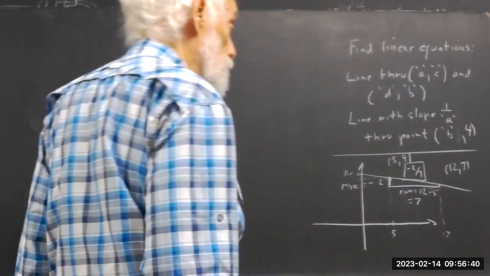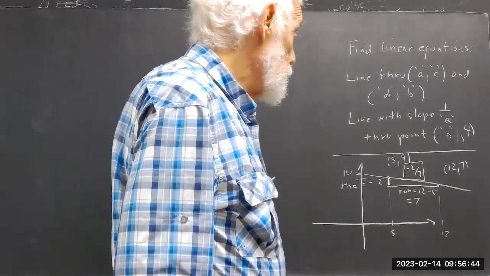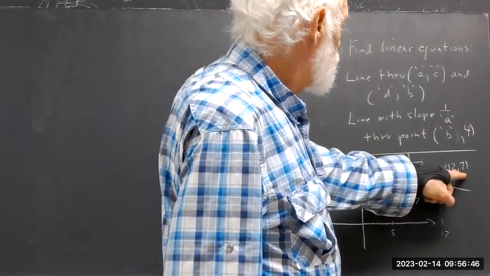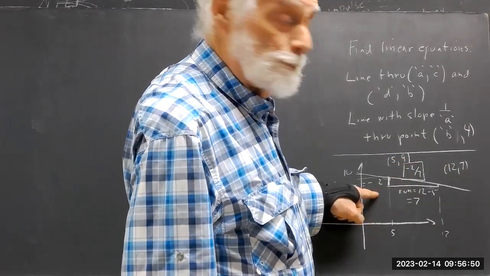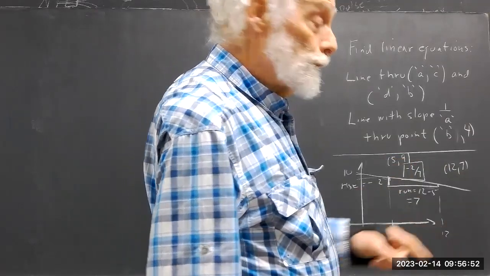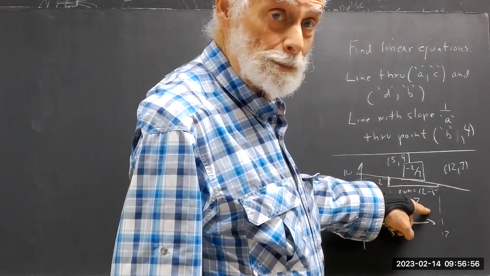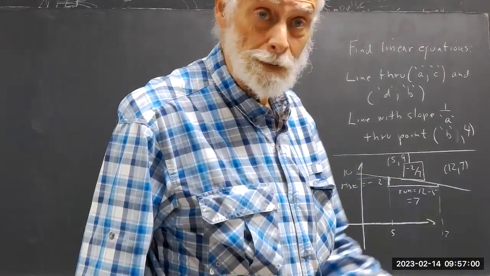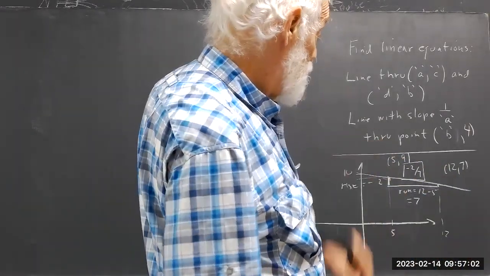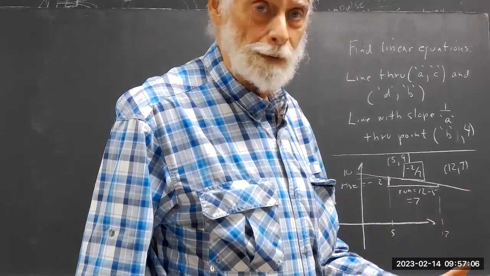You can use a formula for that. The formula is a good formula, but understand that's all you're doing. If you're doing y2 minus y1, that's 7 minus 9, which gives you -2. If you're doing x2 minus x1, that's 12 minus 5, which gives you 7. I wrote that out. I could even write run equals x2 minus x1, etc. Make your graph big enough to write all that out if you like, because that reinforces everything.